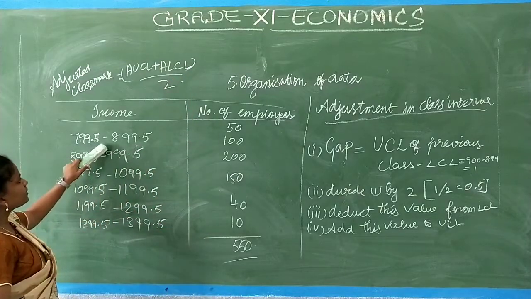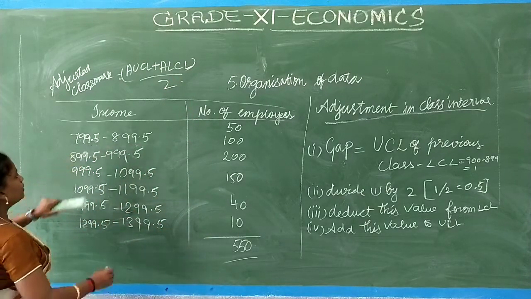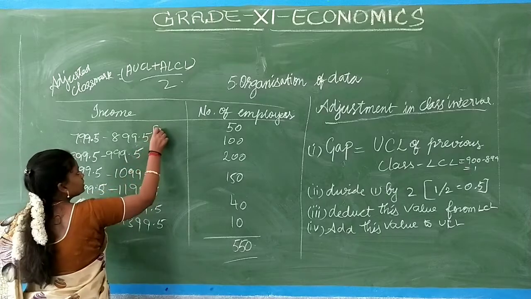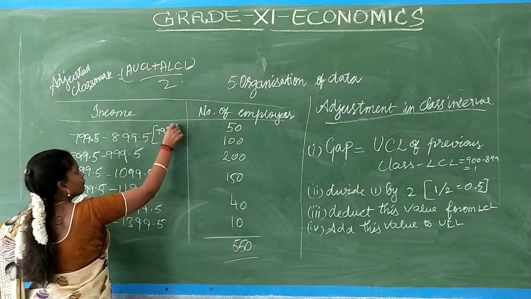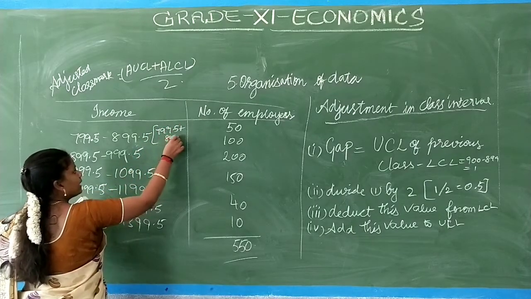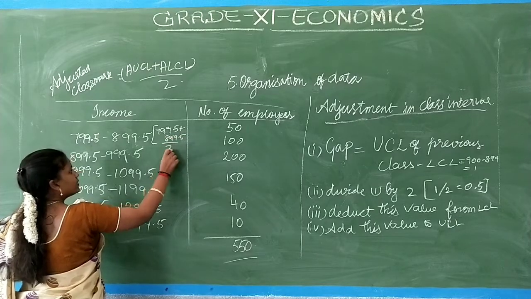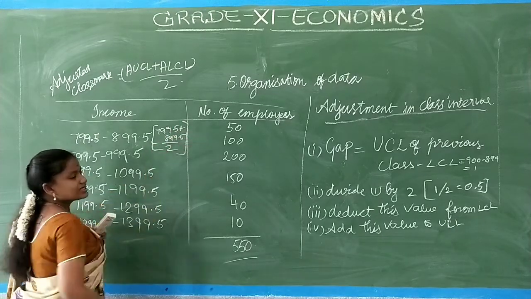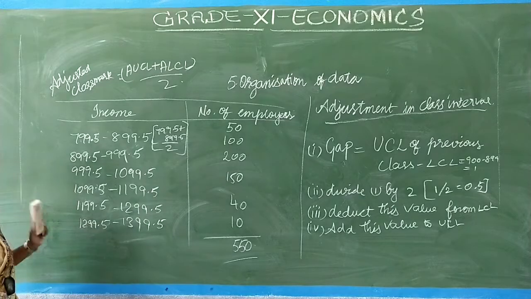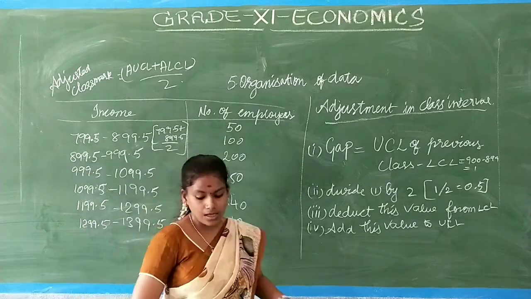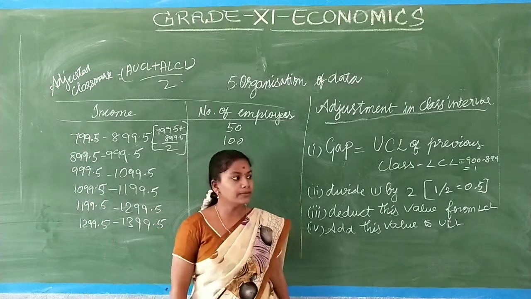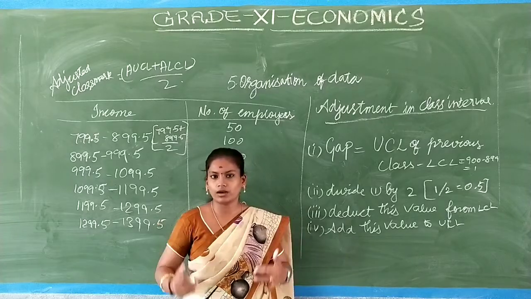So for this particular thing, how will you find? You will make it as 799.5 plus 899.5 divided by 2. This value will become the adjusted class mark or the midpoint of the particular class.